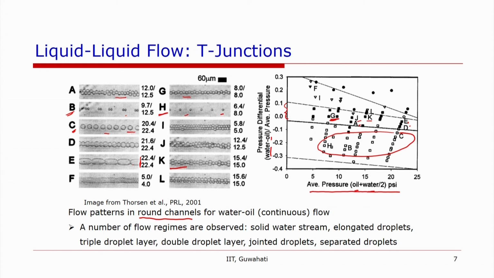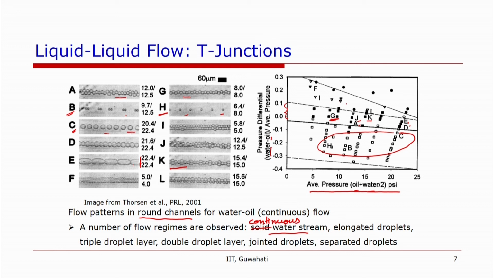So a number of patterns one can see here: a solid water stream, or not solid but a continuous stream, what we should say. And then elongated droplets, triple droplet layer.